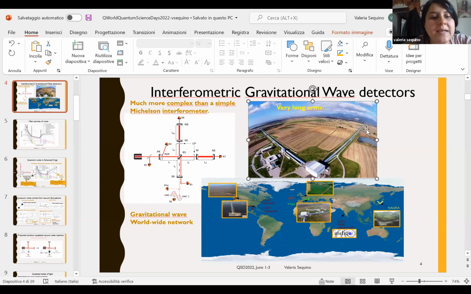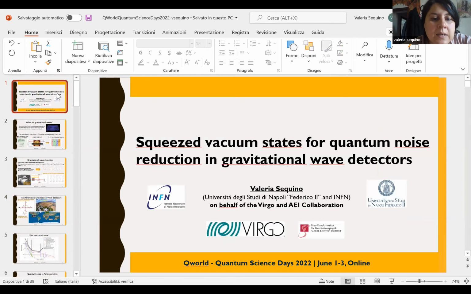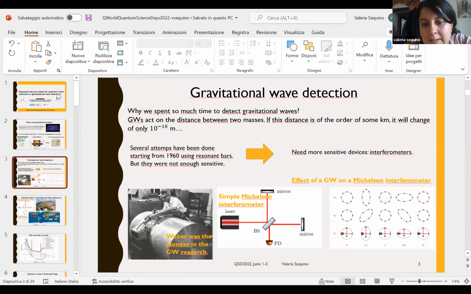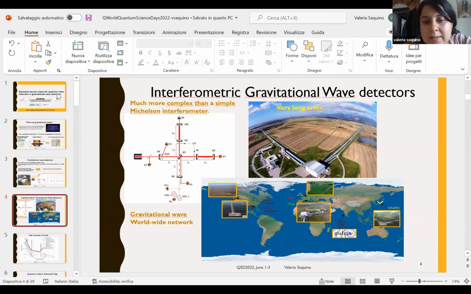Yes, concerning the squeezing source, there are experiments, not in our collaboration, that are working to have a very small compact squeezing source. I know that some years ago there were already some encouraging results for the production of squeezing at the frequency of megahertz.